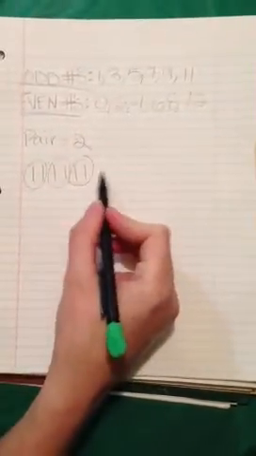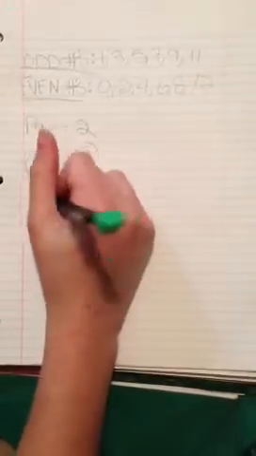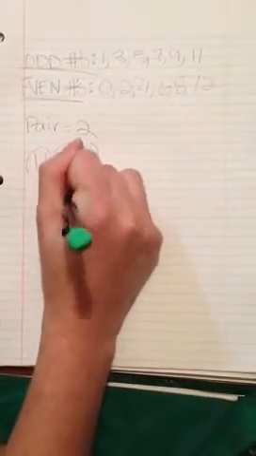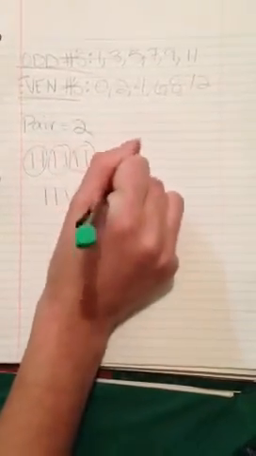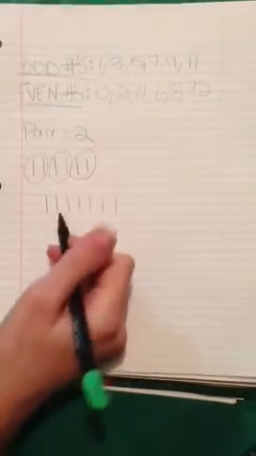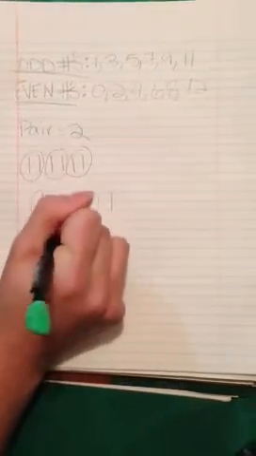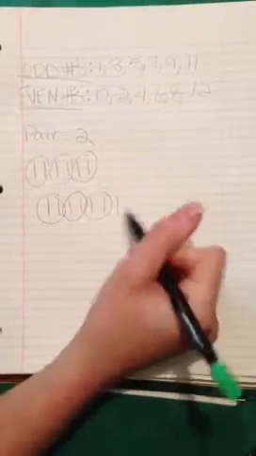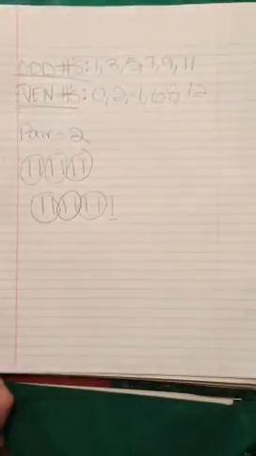See, there is no stick left over. Now let's try an odd number. Let's do 7. 1, 2, 3, 4, 5, 6, 7. And let's try and pair up all of these sticks. Well, there's a pair. Here's a pair. Here's a pair. But oops, we have one left over.